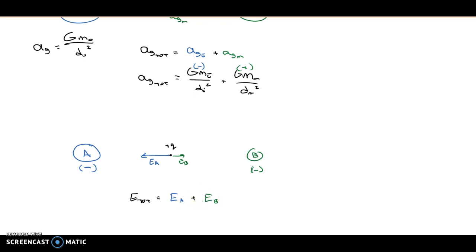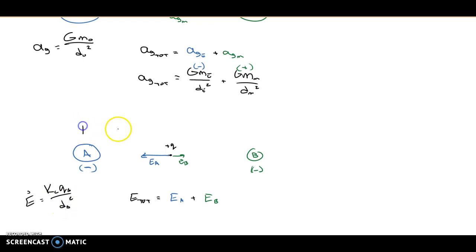And we have a field strength equation, recall. The field strength is just big K, another constant, times the charge of the source over the distance to the source squared.